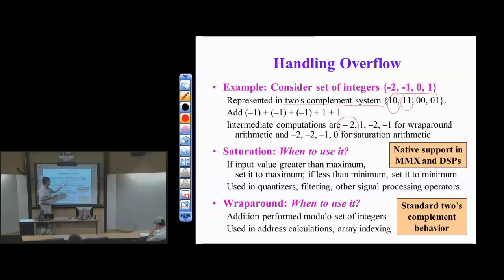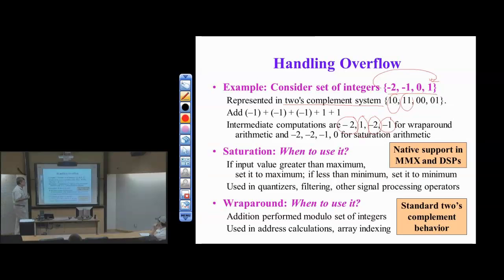So what do I do? One answer is, I wrap around to the other side, and I call it 1. This is the two's complement way. Now if I add 1 to that, I go back to -2, and if I add 1 again, I go back to -1. And that's the right answer. So that is the correct answer for this expression in exact precision arithmetic.